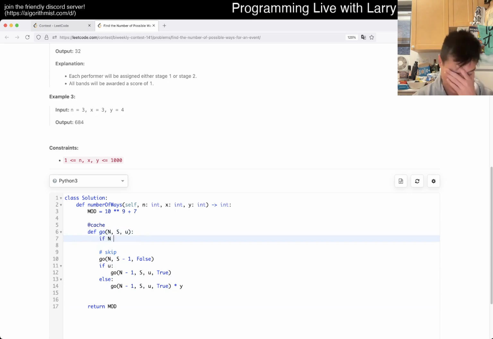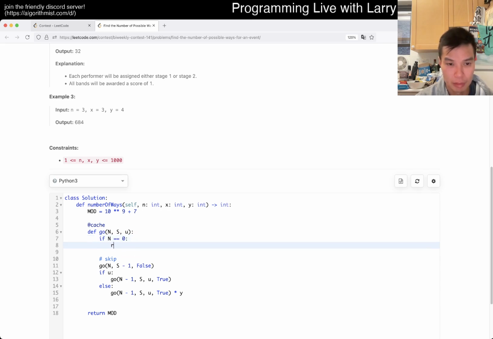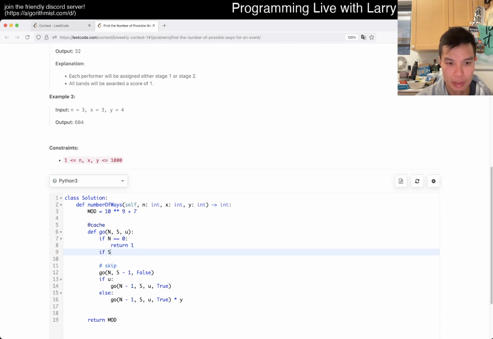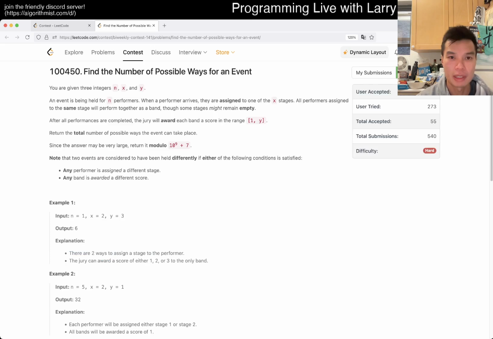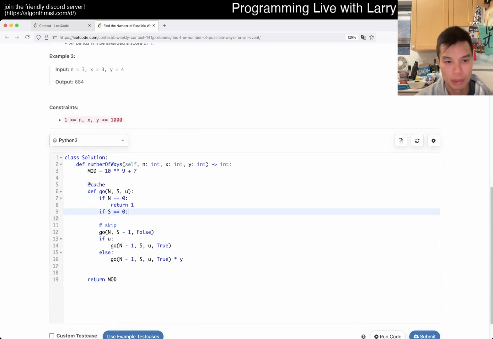Okay, so if n is equal to 0, then we just return 1 because we can't grade the rest of it. If s is equal to 0, do we all have to be assigned? Okay, so every person has to be assigned.